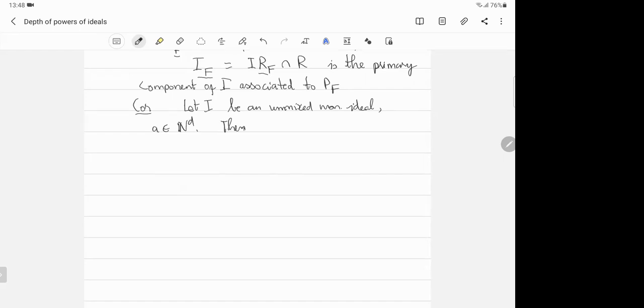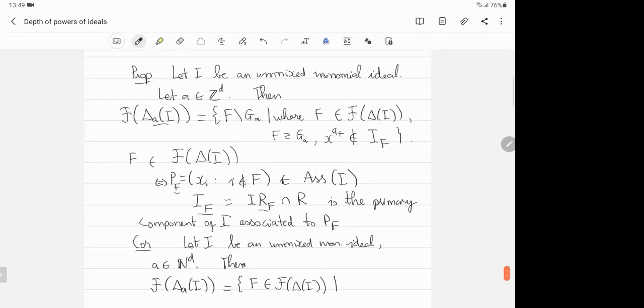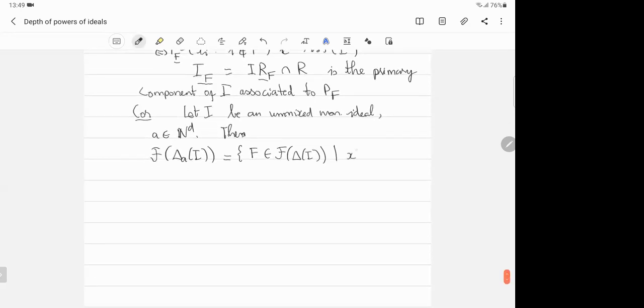So in this case, the negative support of A is empty, and so you see that the facets of delta A of I are exactly the facets of delta I. And A is a non-negative vector, so A plus equals A. So you see here you have only the condition that x to the A does not belong to the primary component of I corresponding to F, or corresponding to PF.